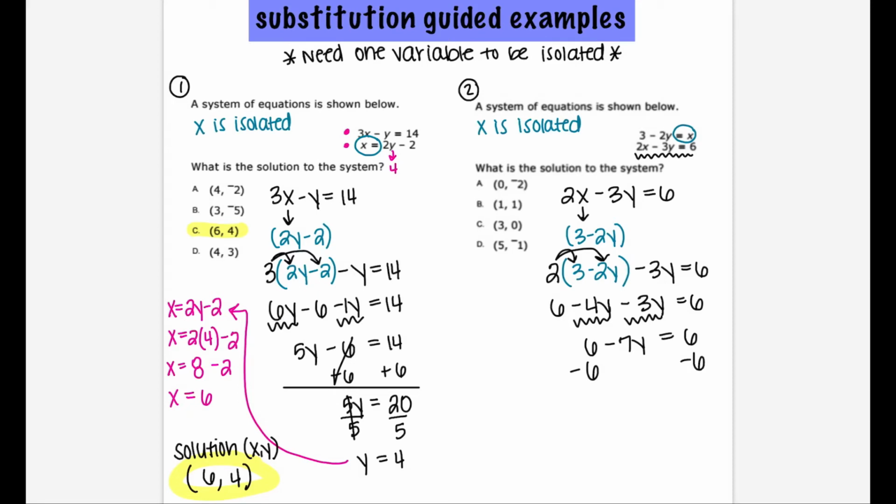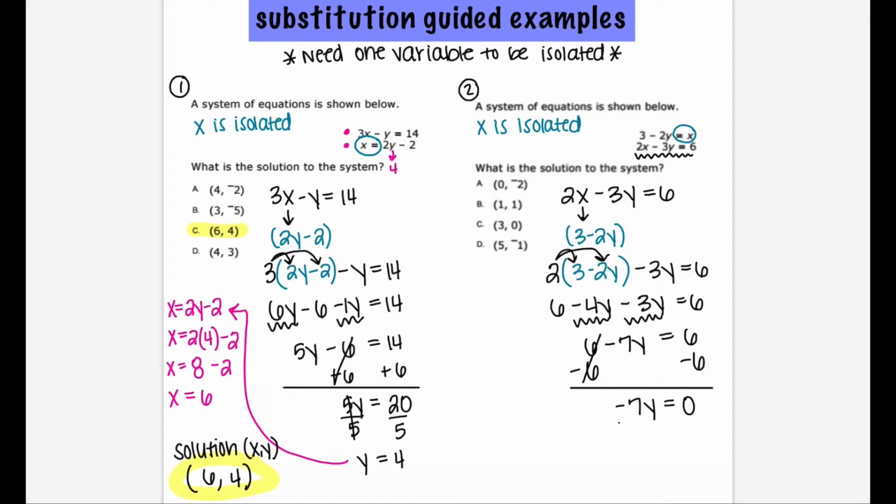Now we want to isolate the negative 7y. So we've got to subtract 6 on both sides to get rid of that 6. All right, so that eliminates. And we have negative 7y equals, now 6 minus 6 is 0. That's okay. When I solve for this, it's okay if you end up with a 0 somewhere.